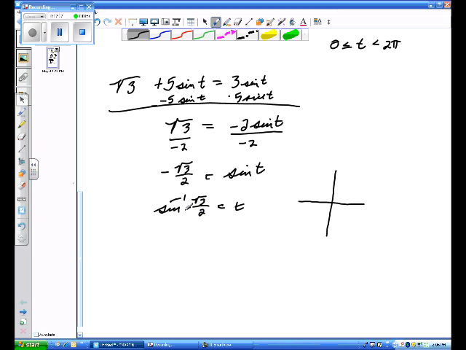but this is negative, so that means that we're in quadrant 3 or in quadrant 4. Sine is positive in quadrants 1 and 2. It's negative in 3 and 4. Now, here's where we do our addition. We know from 0 all the way around to pi, which, since we need it to be thirds, would be 3 pi over 3, plus pi over 3 would be 4 pi over 3.